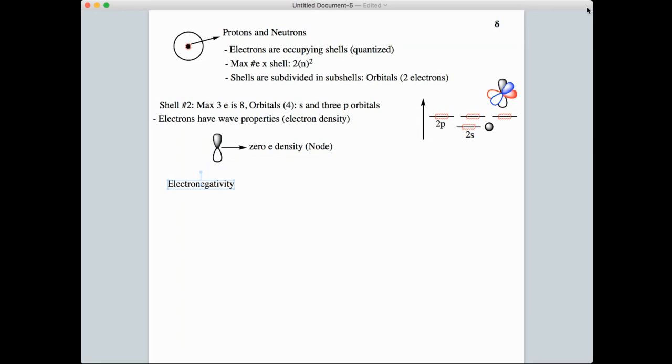Anybody can type on the chat what is electronegativity? How do we define electronegativity? What's the definition of electronegativity? Yeah, you can say it with your own words. So, it is the power of attraction for the electrons in the outermost shell.